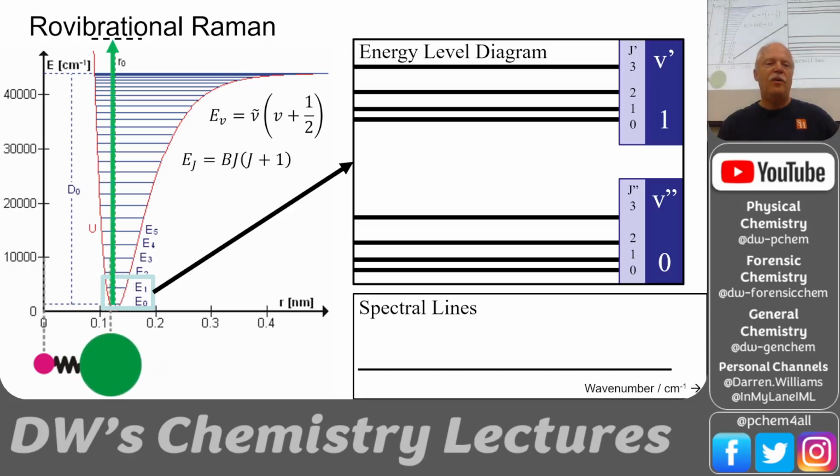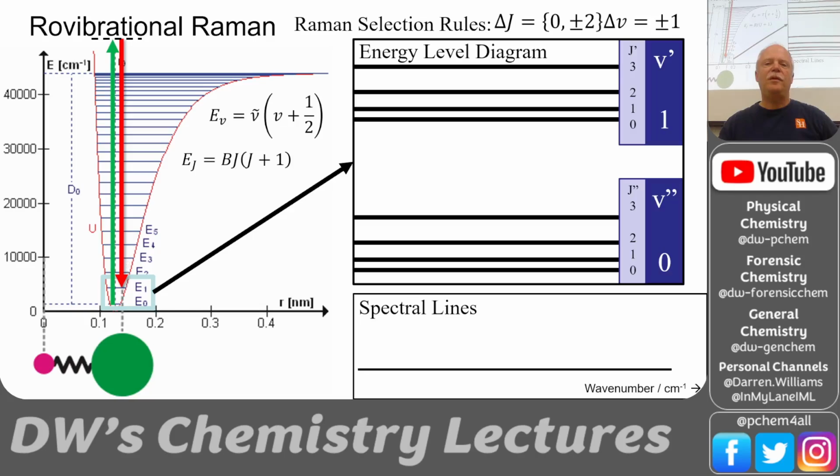So in this case, we have the Raman effect, where we go up, we oscillate with a visible photon, this green laser, and then it spits out a red shifted photon because of the vibrational difference, but we could also have all of those rotational differences too. So here's our Raman selection rules, and we'll actually be plotting this with what we call Raman shift, which means we've already subtracted the incident laser wavelength.